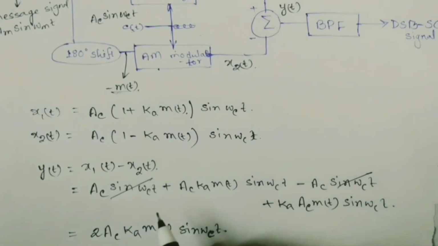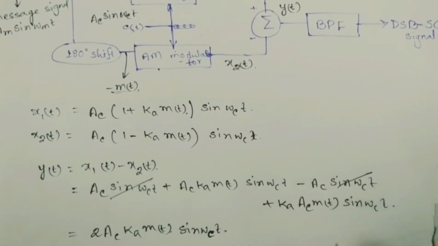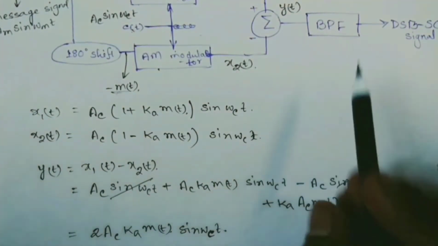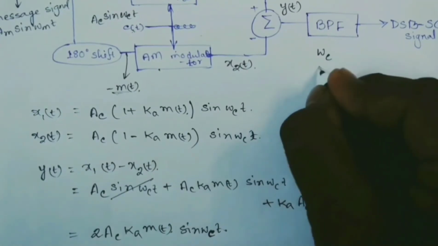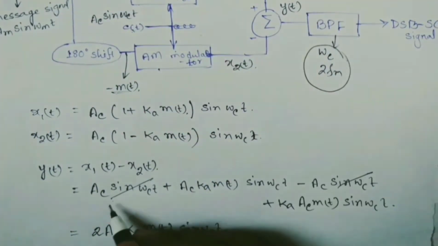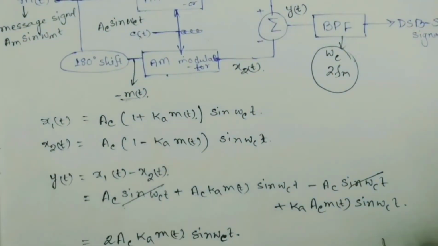If they were added, then this Ac sin omega c t term would not get cancelled, and at the output, since we are passing this y(t) across the bandpass filter with a characteristic frequency of omega c and bandwidth of 2 fm, it will allow this signal as well, which is not desired because we desire to obtain a signal where the carrier signal is suppressed, and hence they are subtracted.